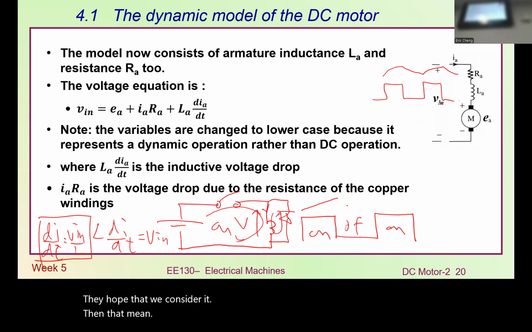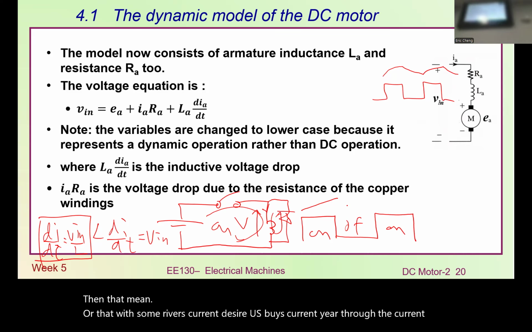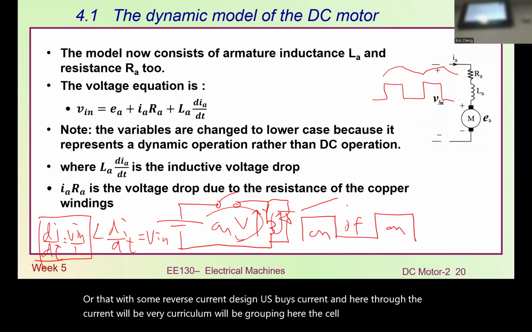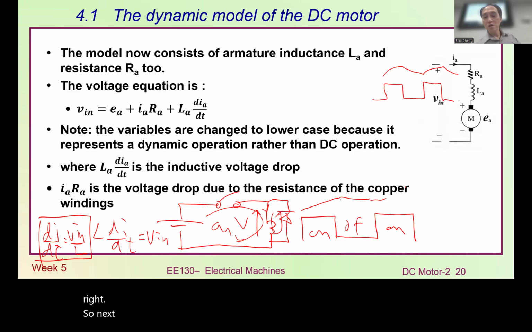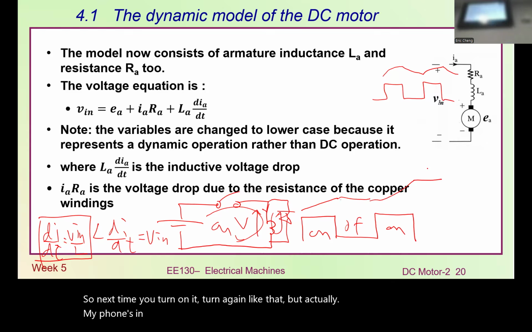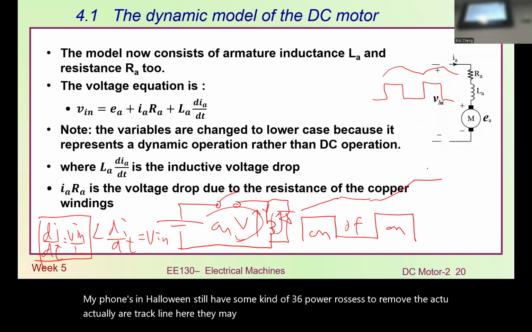The current will be looping here through the freewheeling diode with 0 resistance, so the current will not change at all in the freewheeling path. Then next time you turn on, you turn on again like that. But actually, internally there is still some resistance and power losses, so you won't actually get a flat line here. It may decrease due to power losses.